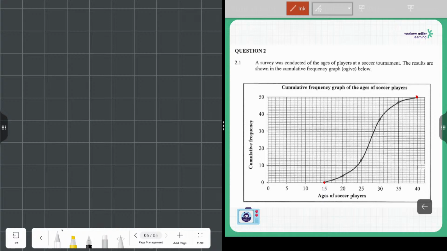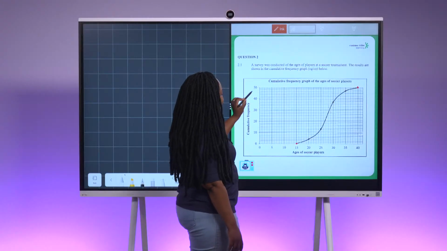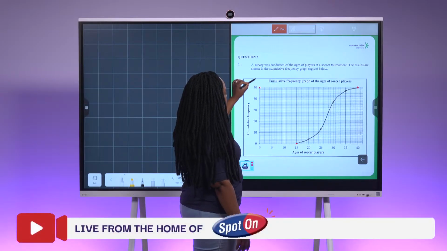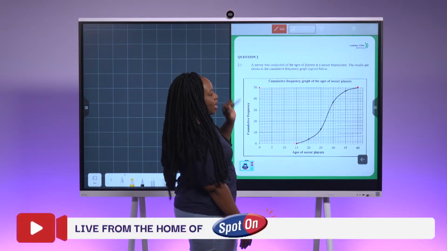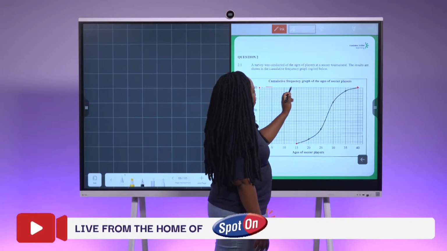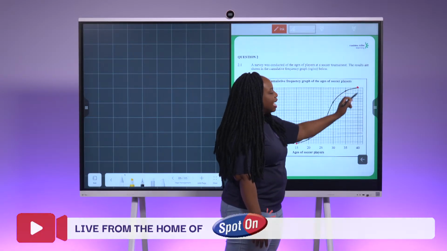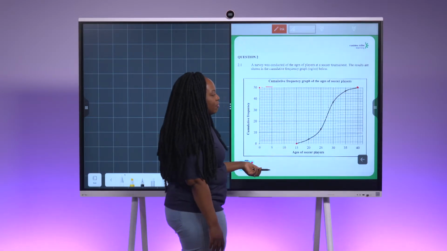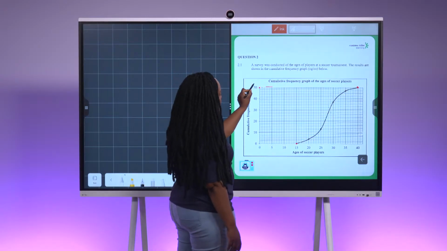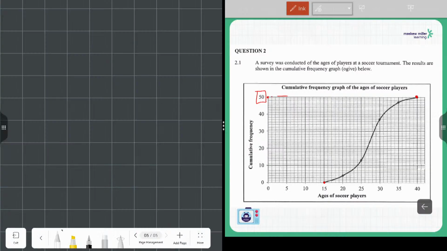If we're talking about n, for example, the number of the data set, you would know it from the cumulative frequency, because the last number on the cumulative frequency should be reflected in the diagram of the ogive, right? So in this case, 50 is our last number, which makes 50 our n. That is the data set. Okay.